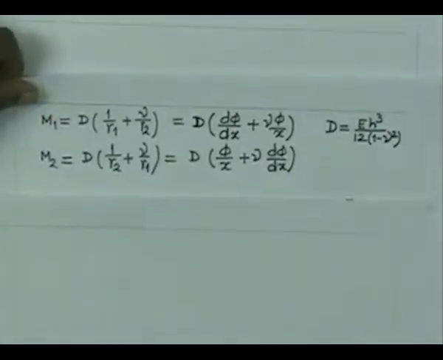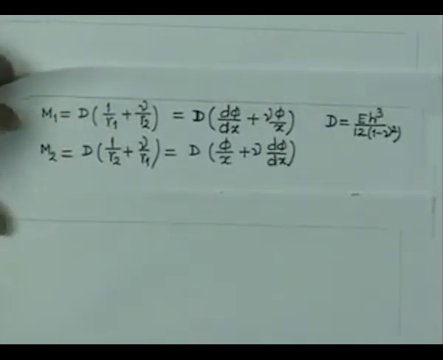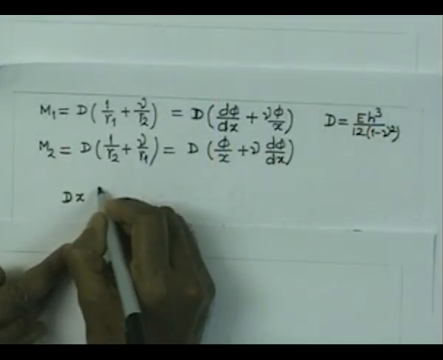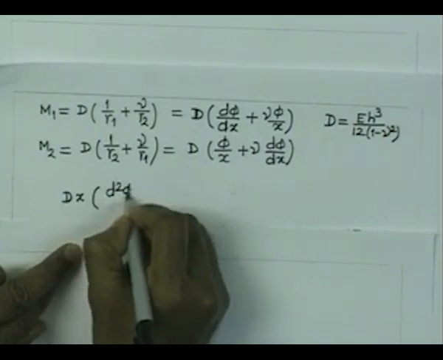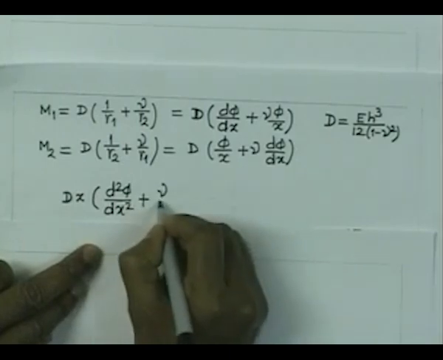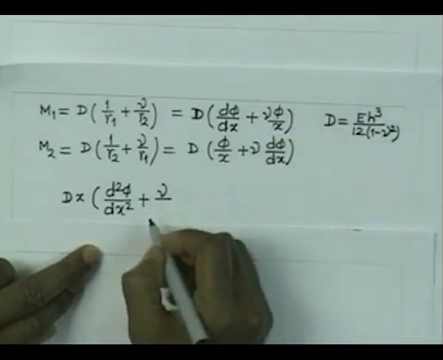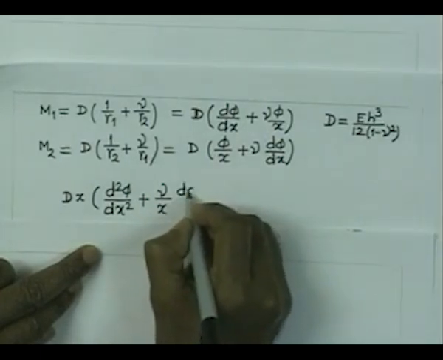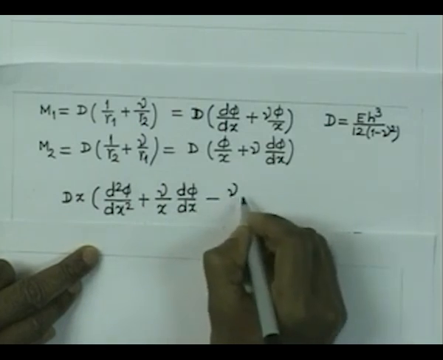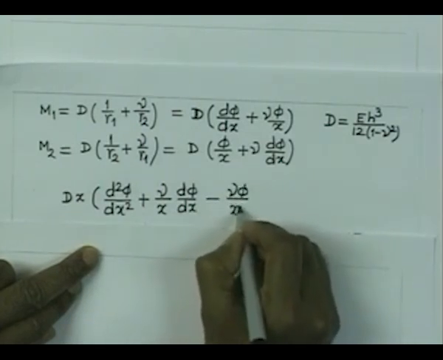So, we can now substitute these expressions for M1 and M2 in the moment shear force relationship, and therefore, we have now x dm1/dx, it gives us d2 phi/dx square plus nu times, so we have to take the derivative of this with respect to x, so it is nu by x d phi/dx minus nu phi by x square.